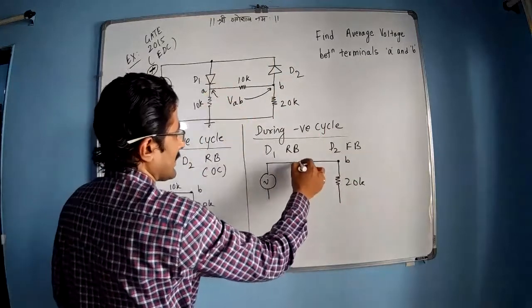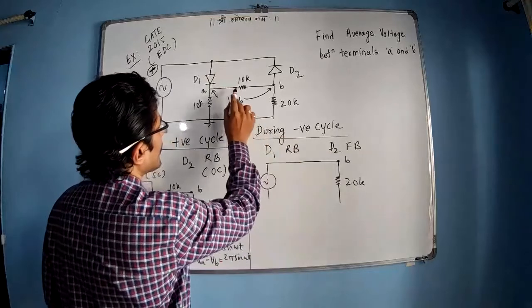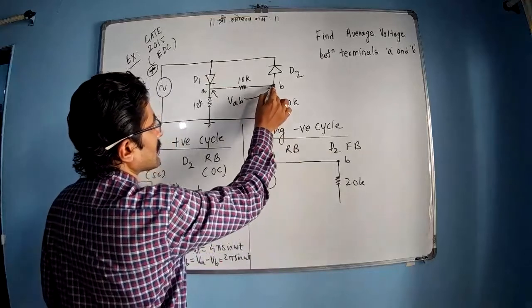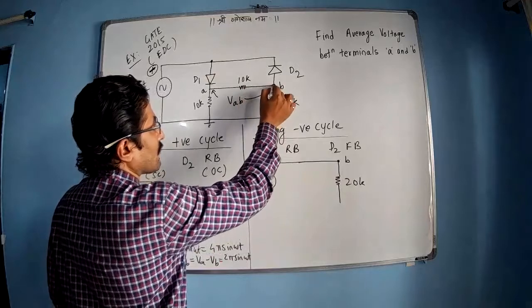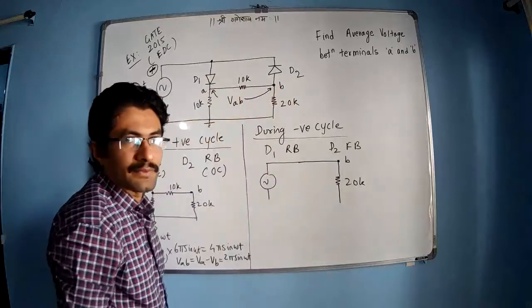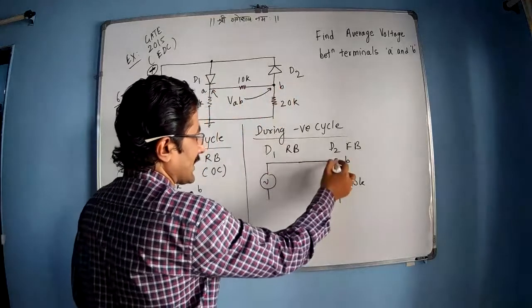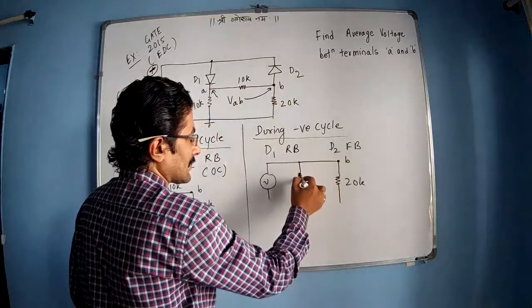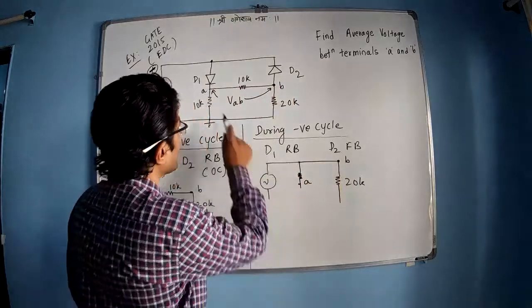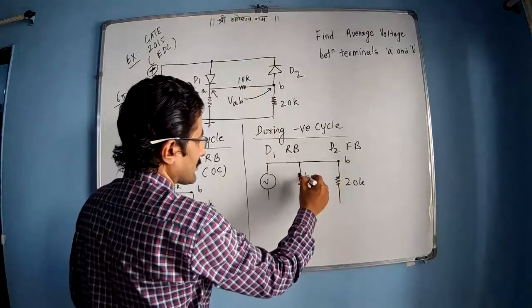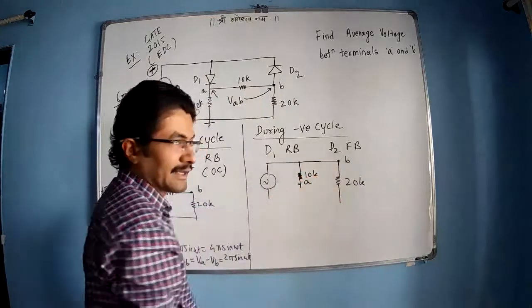One terminal of this 10k will be B and the second terminal will be A. So between A and B there is a 10k resistor.